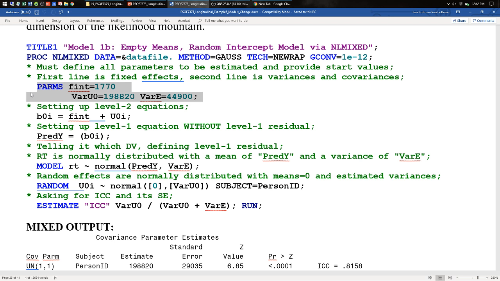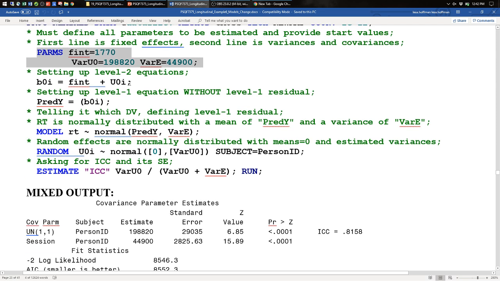So if you put in different sets of starting values and you still come up at the same answers, that lends you confidence that you are actually at the maximum value. So yeah, it does help speed it up, and sometimes it's absolutely necessary. It depends on what's in the model. For models like this, where it's a normal set of residuals at level 1 and a normal set of random effects, it doesn't need that much help.